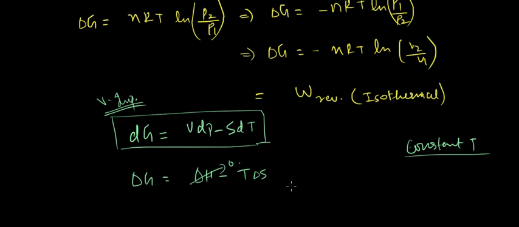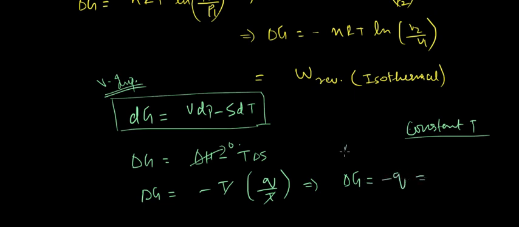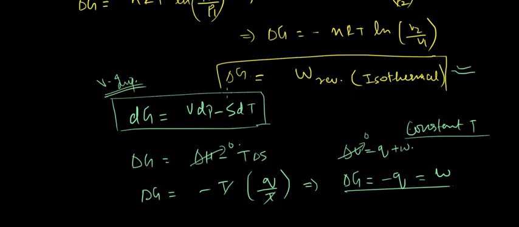So delta G would be equal to minus T delta S. Delta S would be equal to Q reversible by T. So this implies that delta G would be equal to minus Q, and minus Q would be equal to W, because at constant temperature delta U for an ideal gas is also 0. So this would be equal to W, which we have also seen here, that delta G would be equal to W reversible in isothermal conditions.